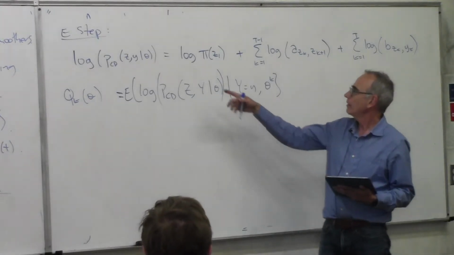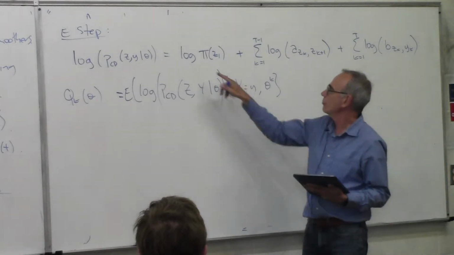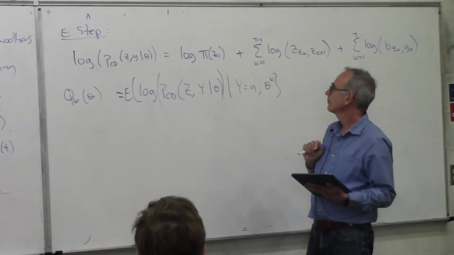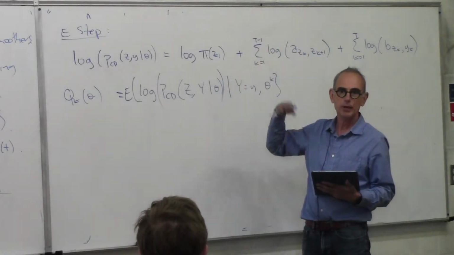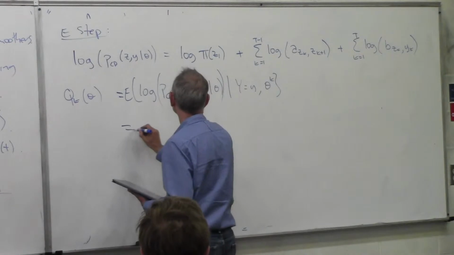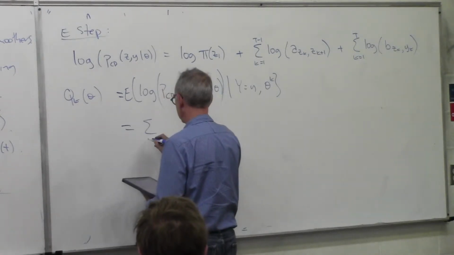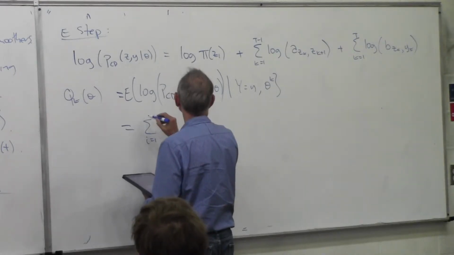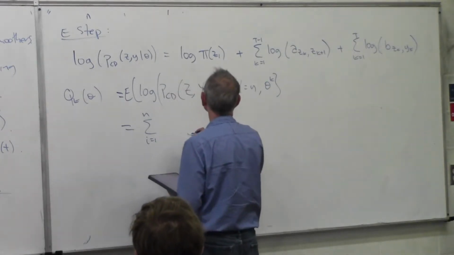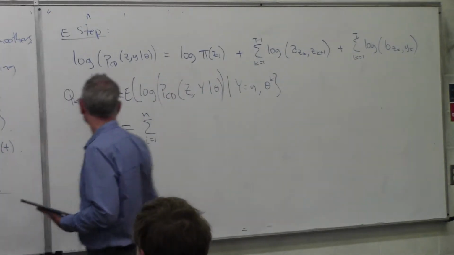And so that's the expectation of this whole big sum. And what I was asking is, what's the first term here? It's going to be just, z1 just takes on a finite number of values. So we've got a name for it right there.